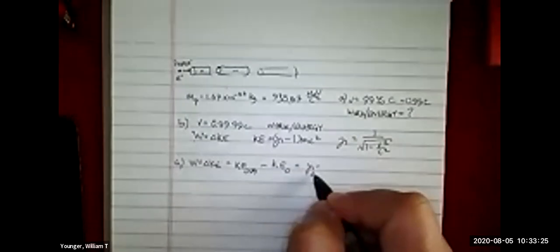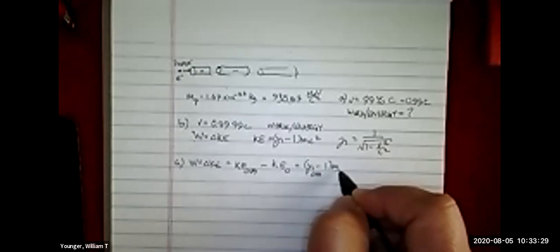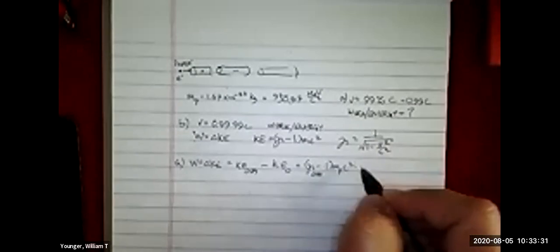That really is gamma minus 1 for 0.99 times m proton c squared, minus gamma minus 1 for 0 times mc squared. So we can now calculate what the work is.